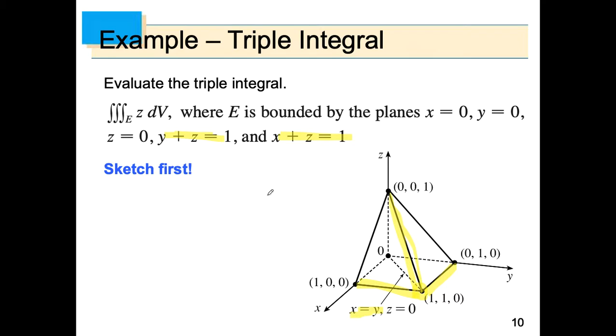So to me, this is not a very difficult solid to sketch. I would recommend that you pause the video here and try to sketch this yourself. One other tip is to try to find out how to plot these points here. In fact, maybe I should have mentioned that first. Try plotting those points first and just connect the dots essentially.